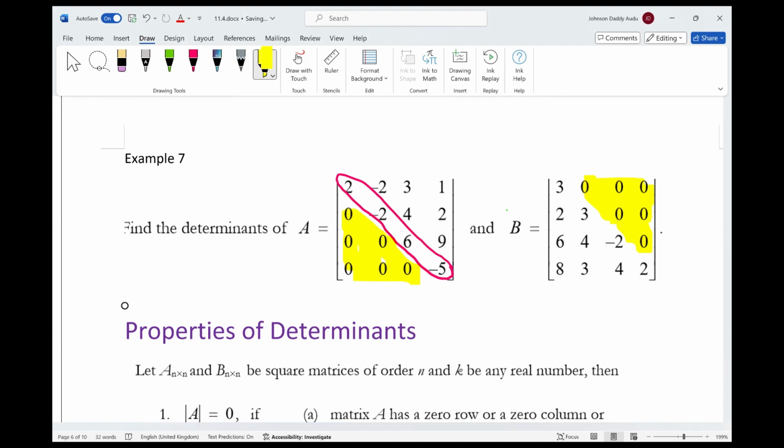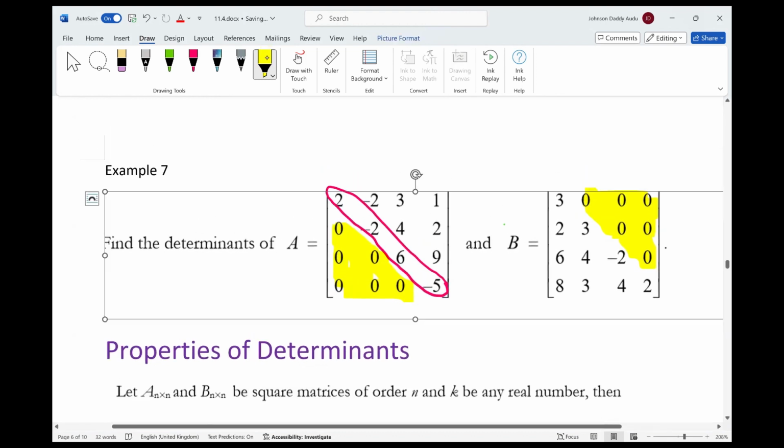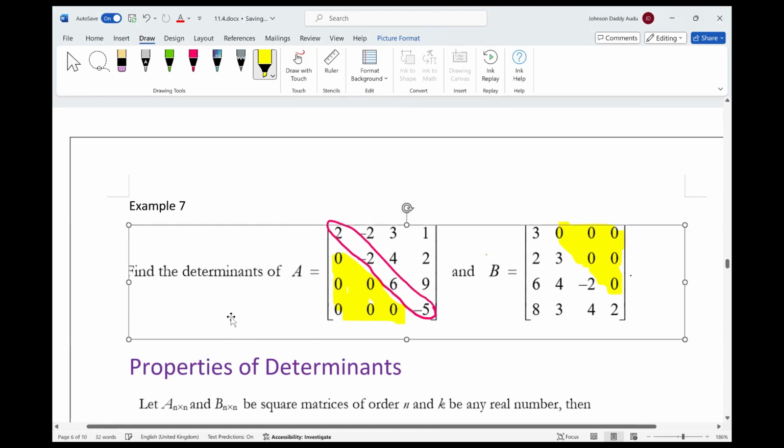So what you can do in this type of matrix, if you want to find the determinant, is simply multiply the elements in the main diagonal. Let me just solve this one.